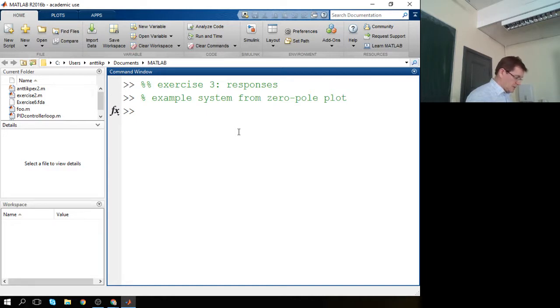All right, so we have the zeros at -1, and this is actually a column vector, zeros and poles as column vectors.